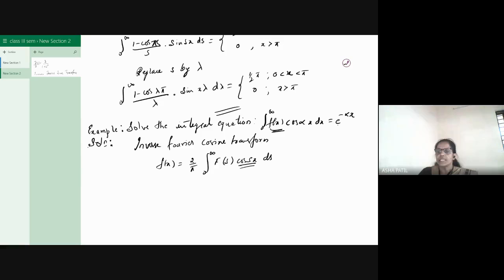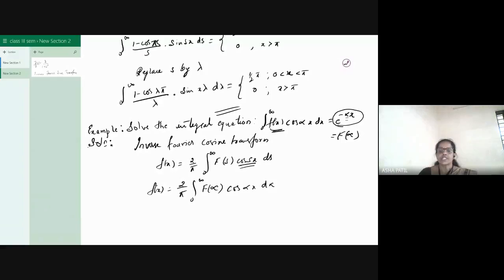And here you can see the RHS is in terms of alpha. That means this is our f of alpha, I'll write instead of s. So if you put this formula in terms of alpha, it is 2 by pi integration from 0 to infinity f of alpha, the Fourier cosine transform of the function, into we have cos alpha x d alpha. So this is the formula.